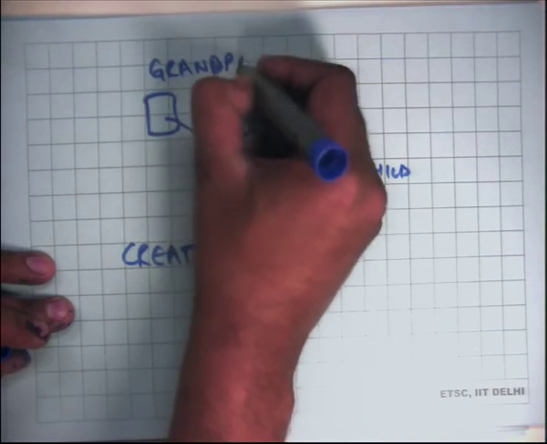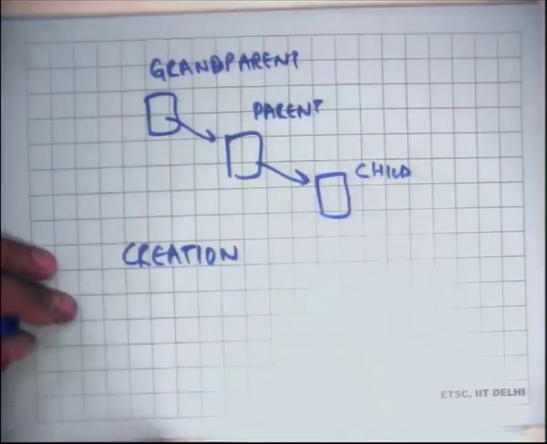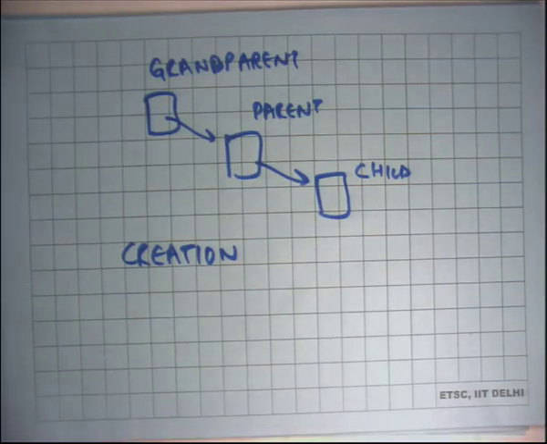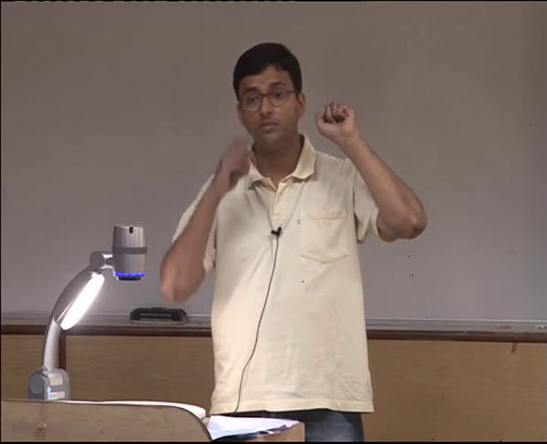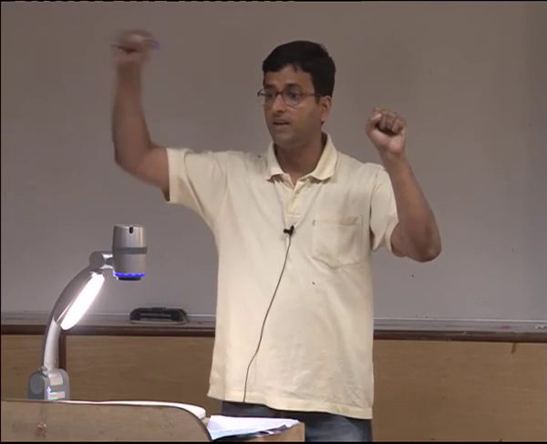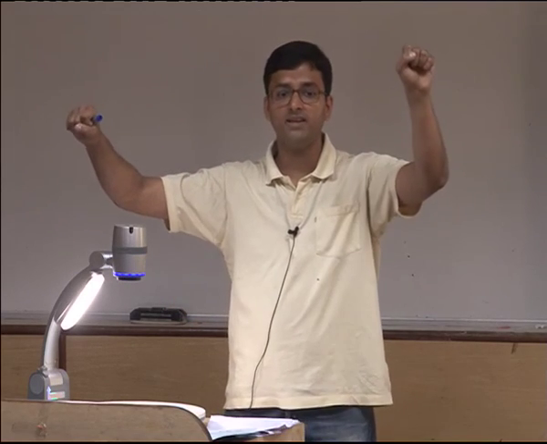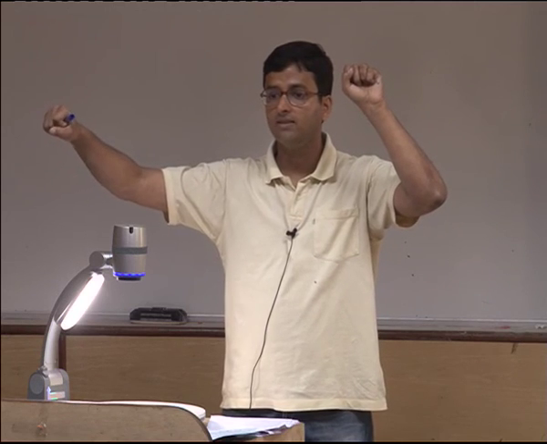There's some kind of parent-child relationship between them. In case of a directory and subdirectory, it's the parent-child relationship between directory and subdirectory. In the case of a file, there's a parent-child relationship between the inode and the data block. Inode being the parent, data block being the child, right?